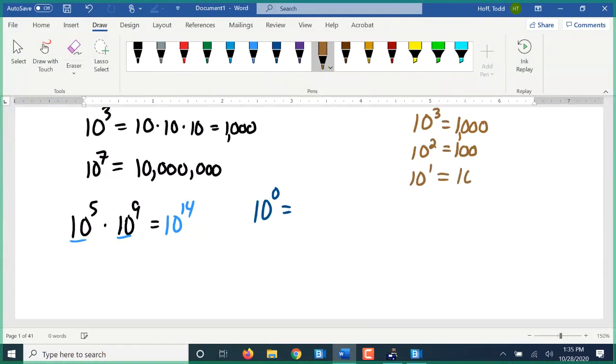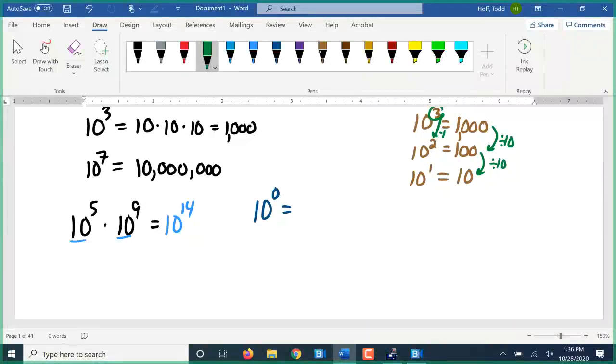And 10 to the power of 1 is just 10. And what we notice here is every time we reduce that power by 1, our answer here is divided by 10. 1,000 divided by 10 is 100. 100 divided by 10 is 10.